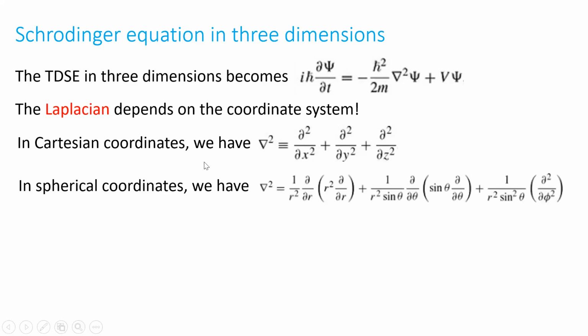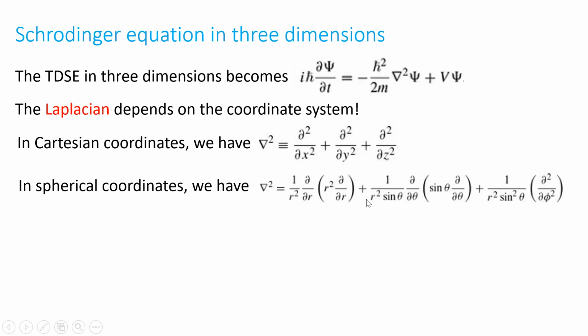In spherical coordinates, the relationship between the coordinates is a little more complicated than for Cartesian coordinates. For example, in Cartesian coordinates, a little step in what we call a length vector is just dx, dy, dz. Whereas in spherical coordinates, a little step in space is dr, r d theta, r sine theta d phi.